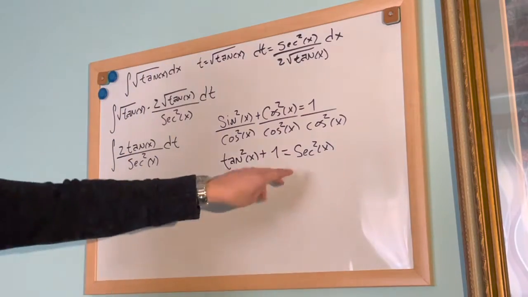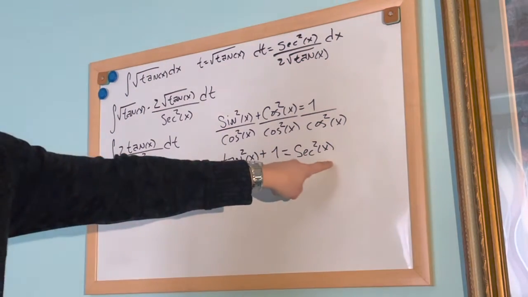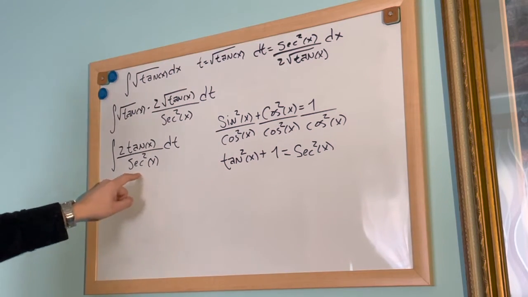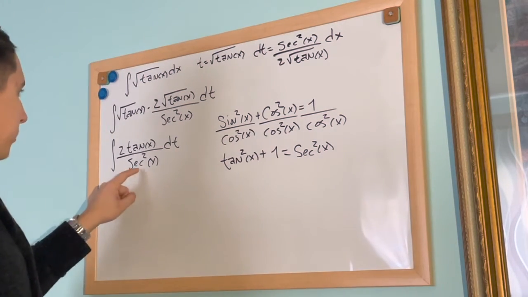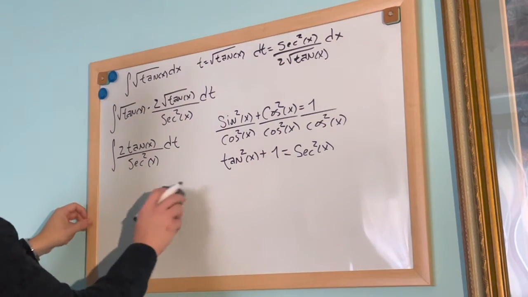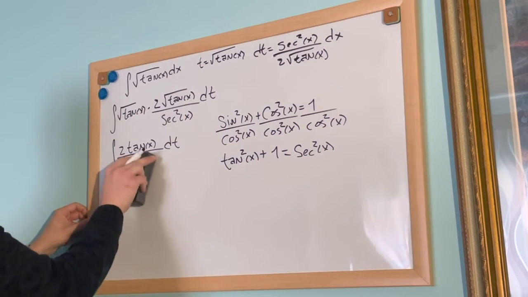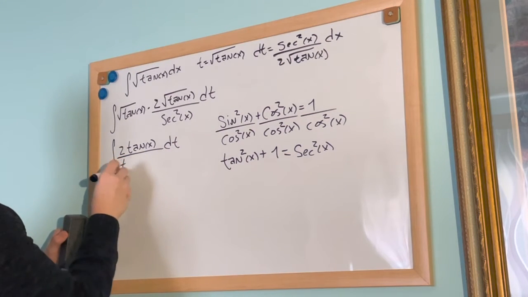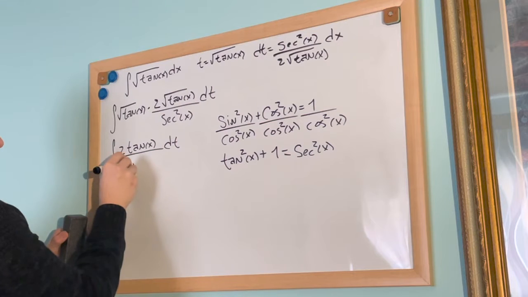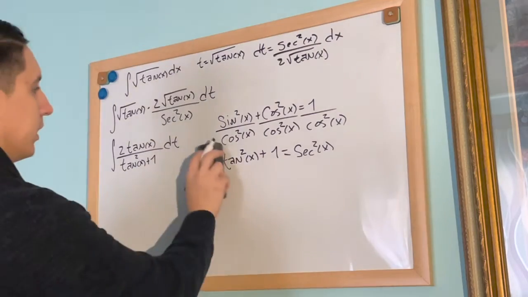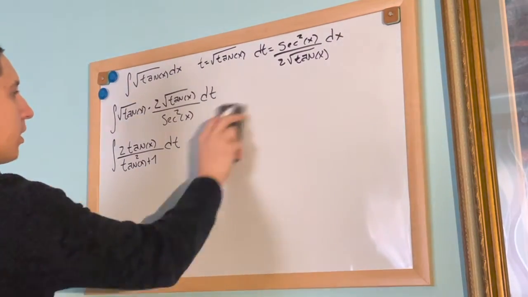Look at that. So all of this is equal to secant squared of x. So we can plug that in right here, and that allows us to simplify further. So I can erase this and put the tangent x squared plus 1. And we don't need this anymore.